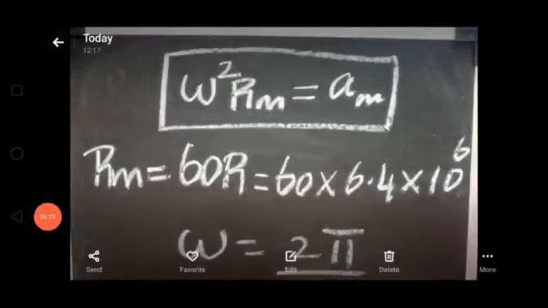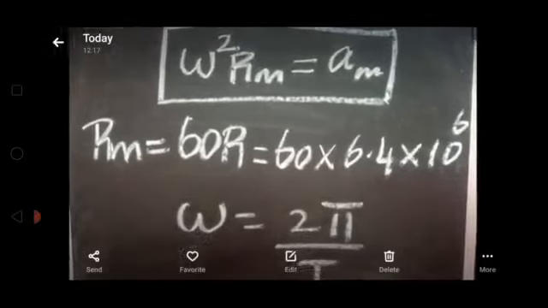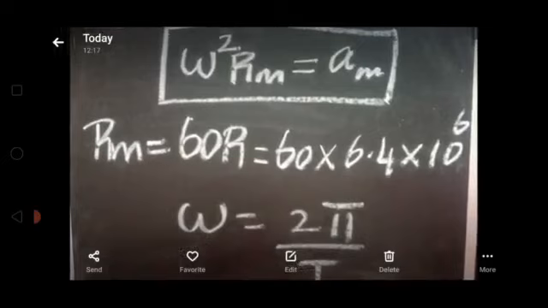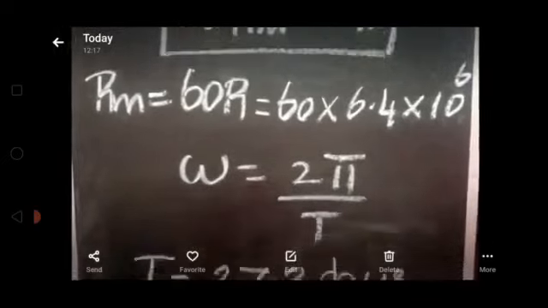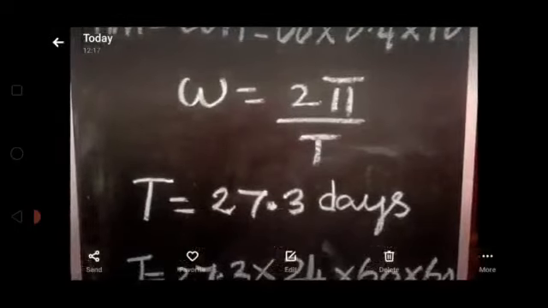See here, omega square Rm is equal to Am. Rm is nothing but 60 times R. The R value is already given, the radius of the earth, so it is 60 times 6.4 times 10 to the power of 6. And omega is nothing but 2 pi by T.